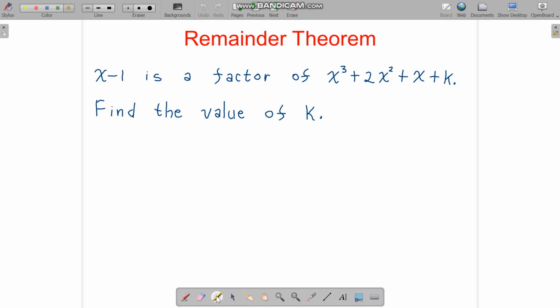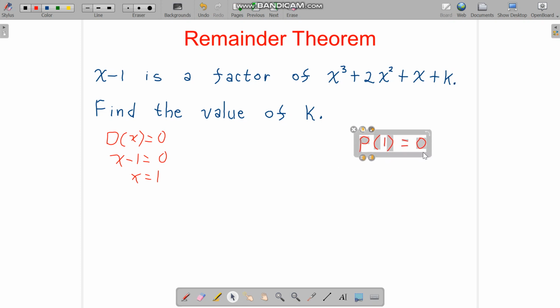Another example, x minus 1 is a factor of this polynomial. Find the value of k. So if it's a factor, then p of the zero here is 1, because when the divisor x minus 1 is 0, the x equals 1. So this means since it's a factor, p of 1 must be 0.